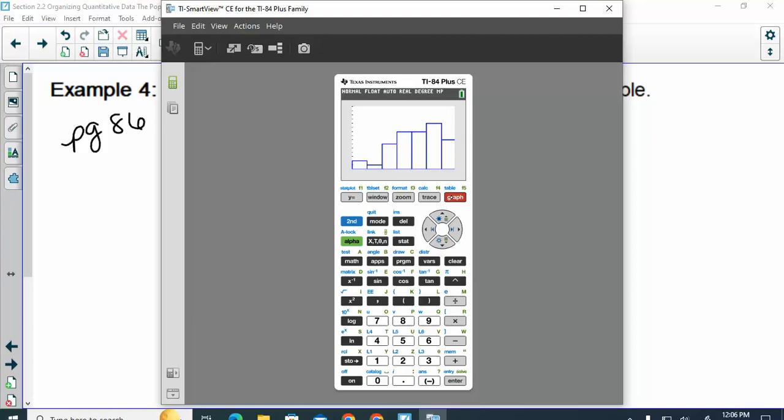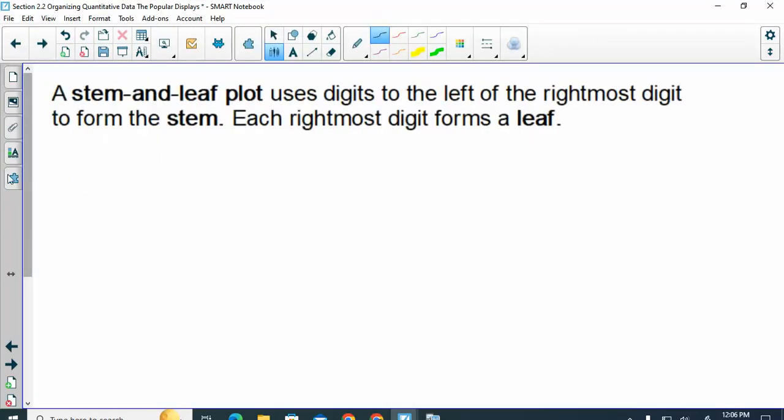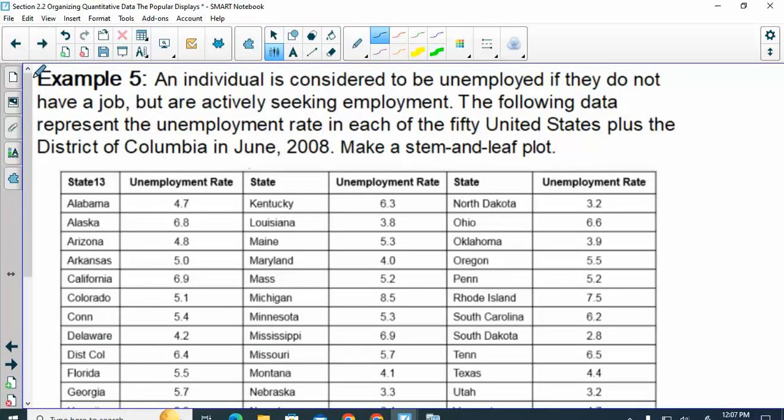So we could also use a stem and leaf plot. Remember, when you set those up, you have your stem and the leaf. The stem was the leftmost digit, and the right digit forms a leaf. So for instance, I gave you a set of data and I already made a stem and leaf plot with it.